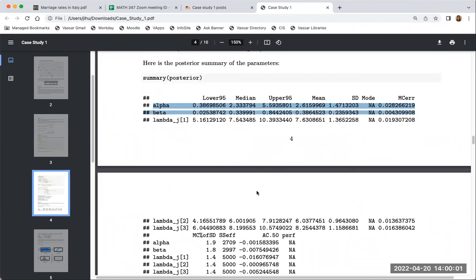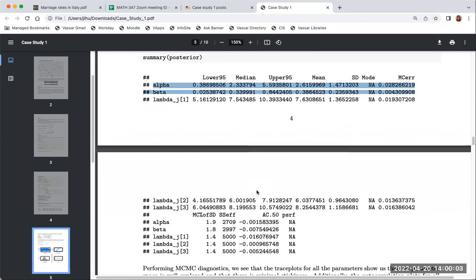So I will just talk about what you're going to see and then give you the chance to talk about the implications. Like I said, in that particular case, alpha and beta are already considered fixed as 1 in your model, so they're not parameters anymore. What you will get in the posterior summary will just be lambda 1, lambda 2, and lambda 3.